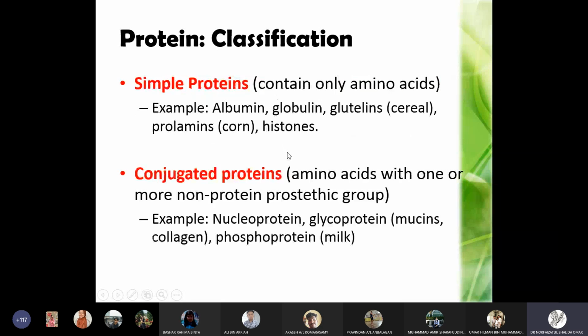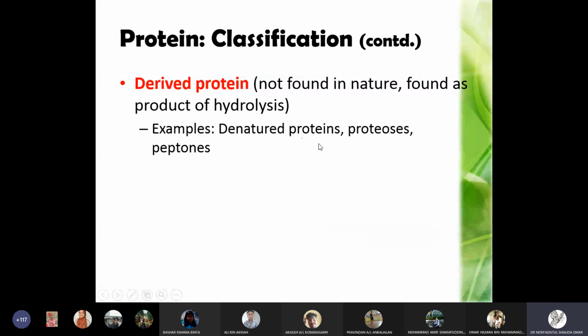Mainly simple proteins are the ones that contain only amino acids, whereas conjugated proteins are the ones that have one or more non-protein prosthetic groups, meaning that they combine with others, like glycoprotein, okay. And then the derived protein is not found in nature and is usually found as a product of hydrolysis. So that's on that.